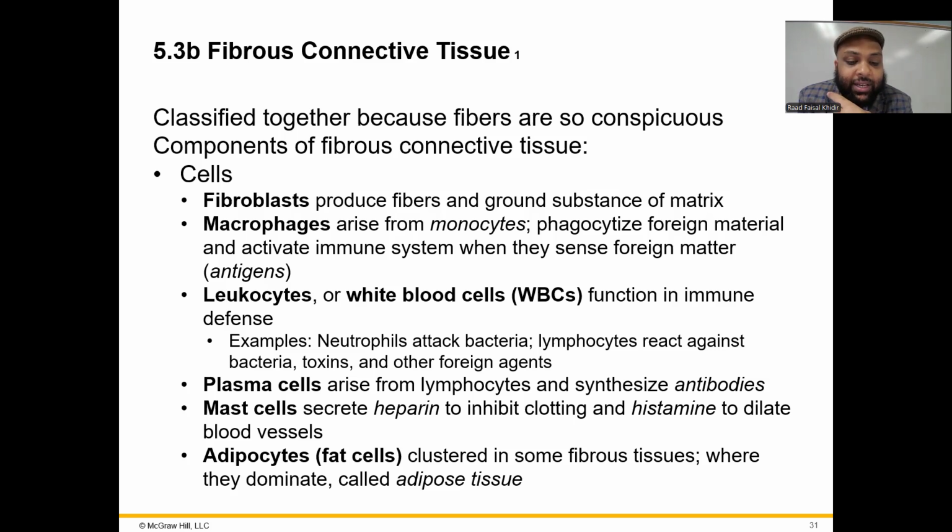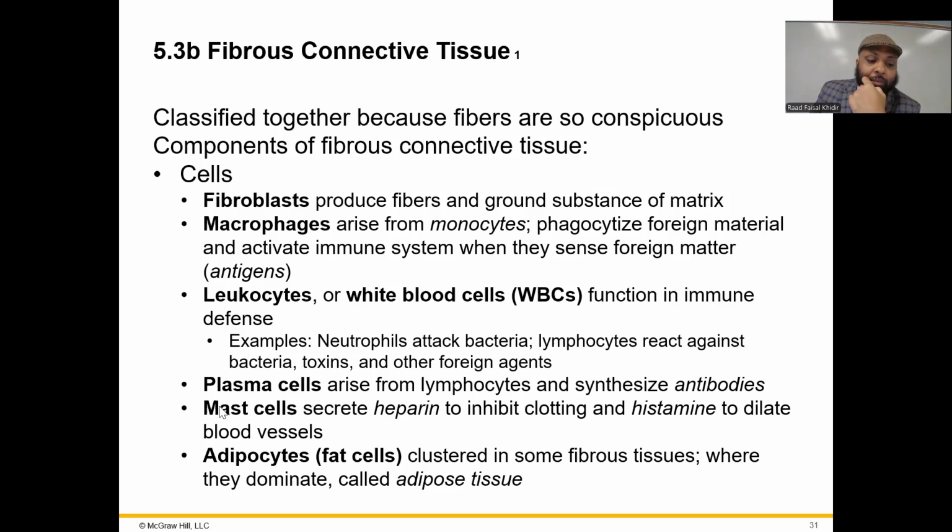Mast cells secrete heparin to inhibit clotting and histamine to dilate the blood vessels. Adipocytes are fat cells. These are clustered in some fibrous tissues where they dominate, and these are called adipose tissue.